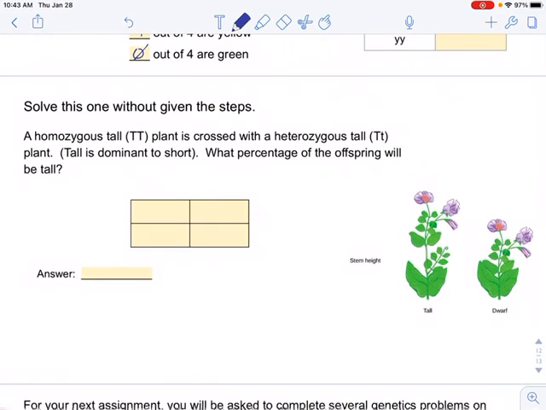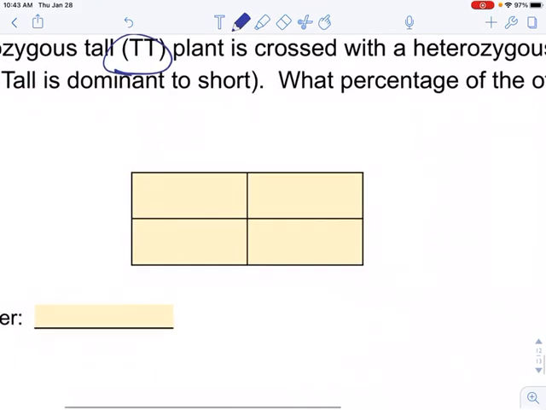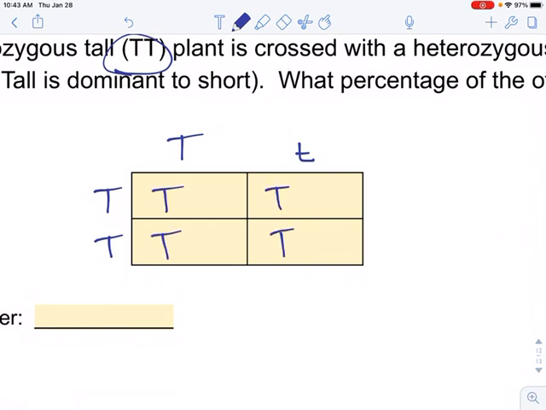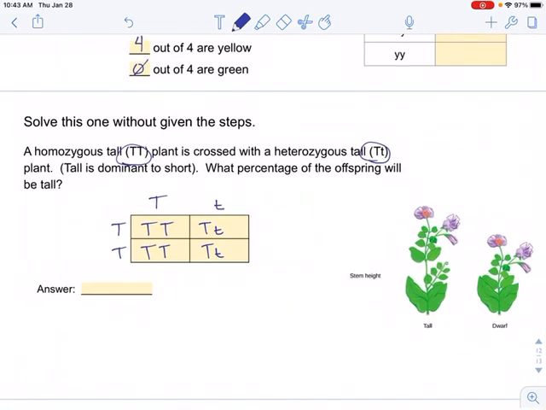Now for your lab, you're going to have to complete these without me giving you the steps. So you'll have to know your first step is to find the genotypes of your parents, then to fill out your Punnett square with those genotypes, carry your alleles into your Punnett square to fill it out, and then use your Punnett square to answer the question.